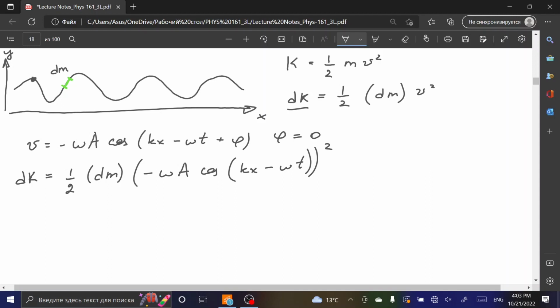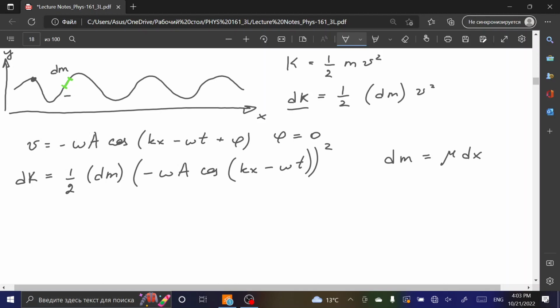Next, we can consider that dm is equal to mu, the linear density of the string, times dx, the length of this small element.